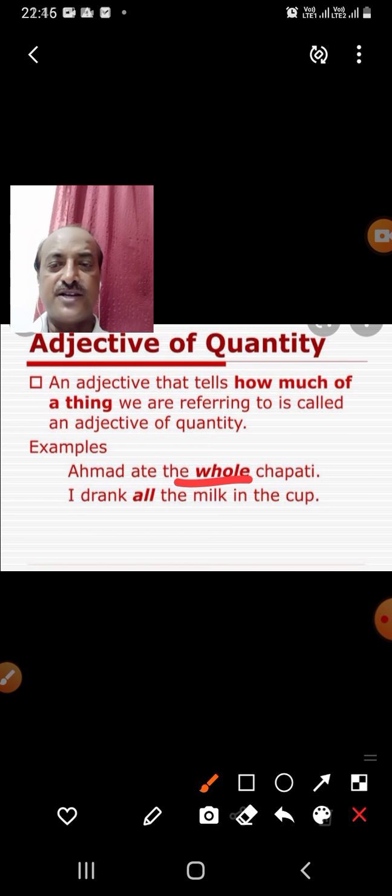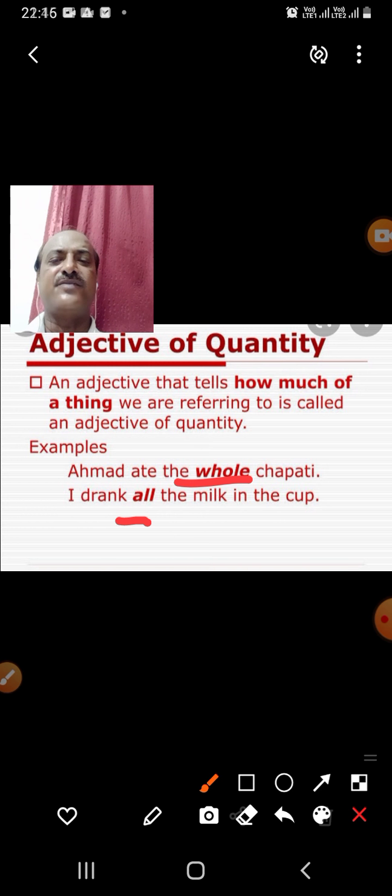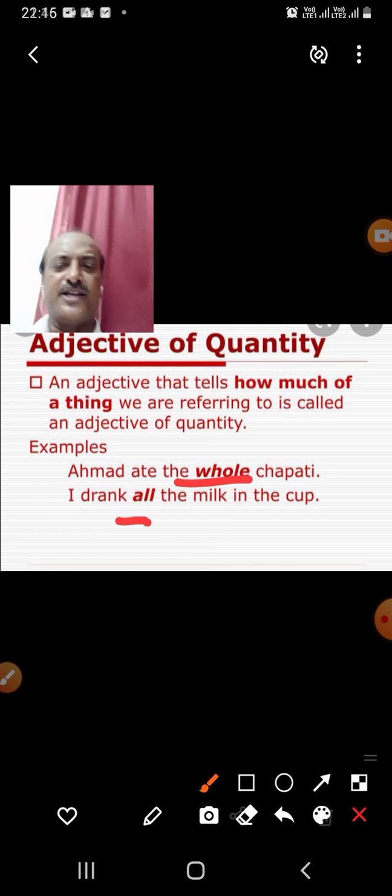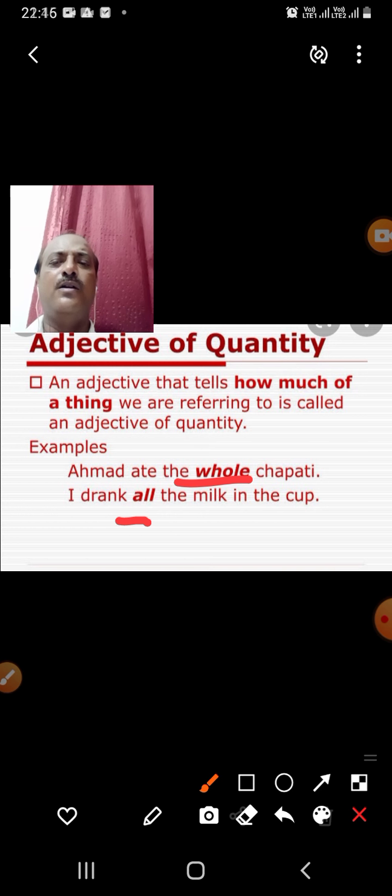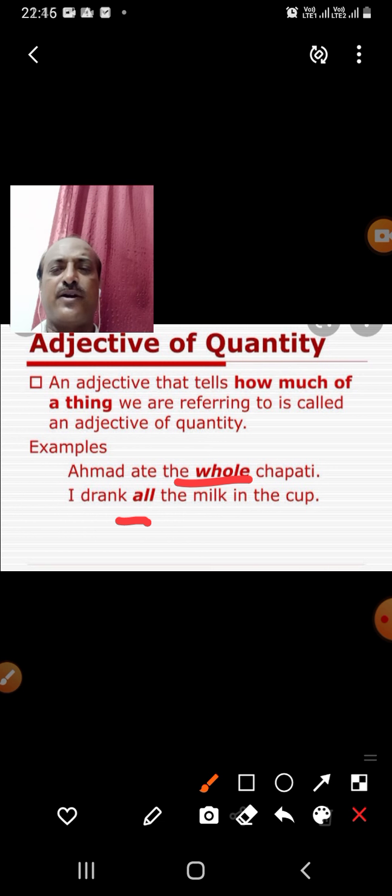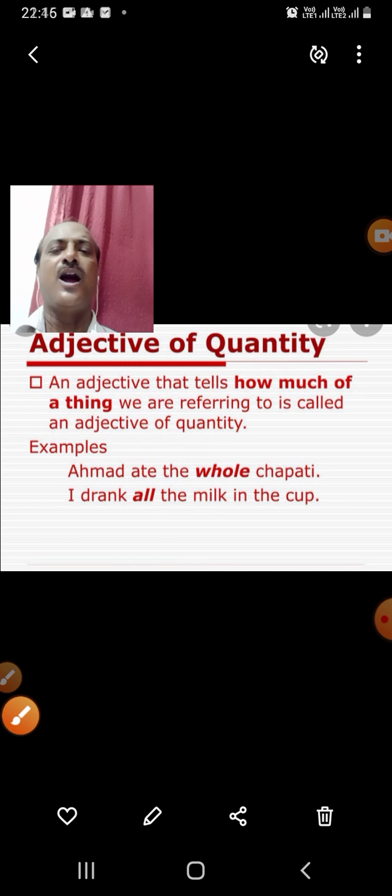Now we ask the question how much? Whole cake. I drank all the milk in the cup. So all is the adjective of quantity. How much? All. So words like whole, all, some, few, little, small, all these are adjectives of quantity that answer the question how much.